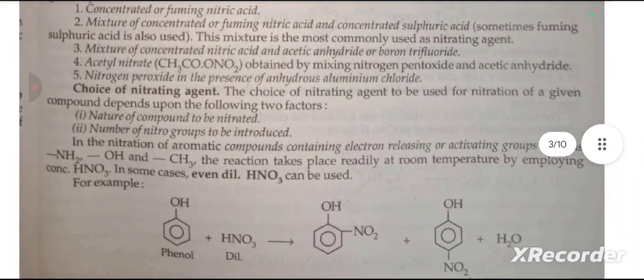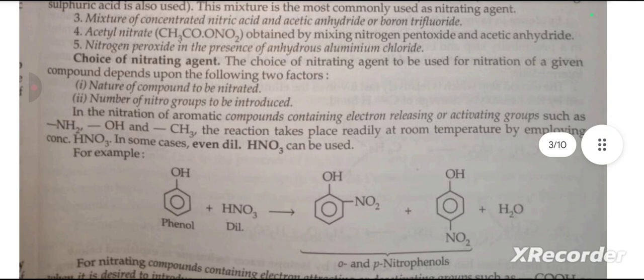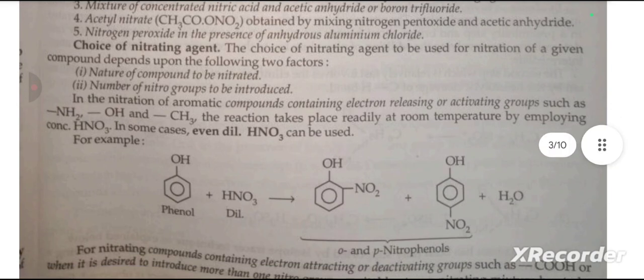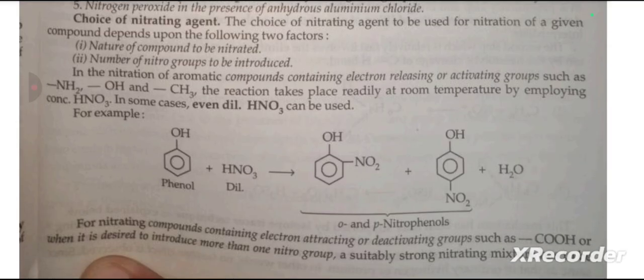Choice of a nitrating agent. The choice of nitrating agent to be used for nitration of a given compound depends upon the following two factors. First, nature of the compound to be nitrated. Second, number of nitro groups to be introduced. In the nitration of aromatic compounds containing electron releasing or activating groups such as NH2, OH and CH3, the reactions take place readily at room temperature by concentrated HNO3.